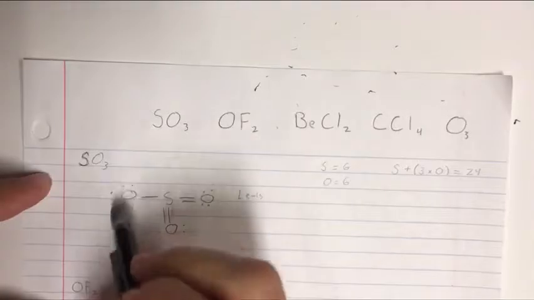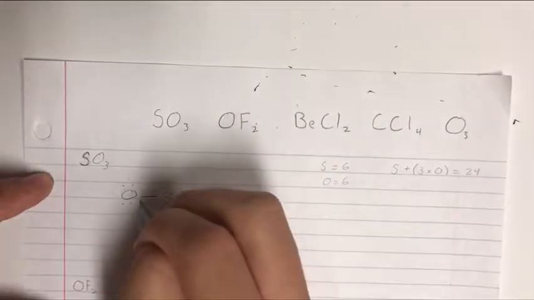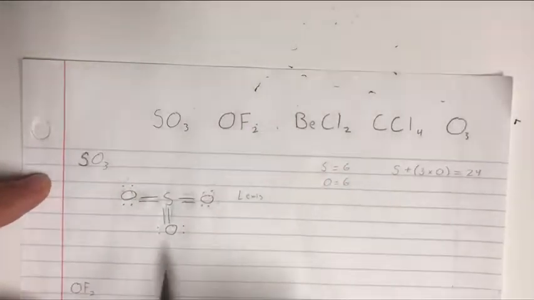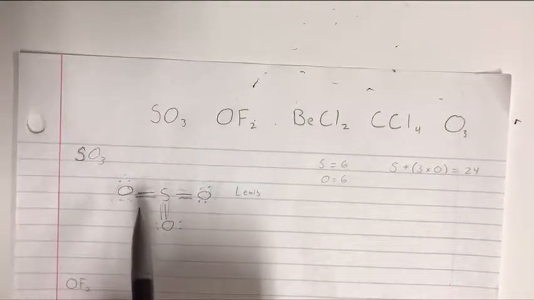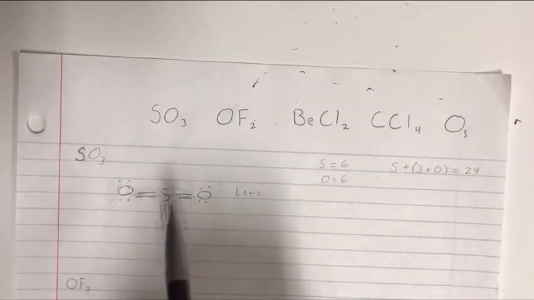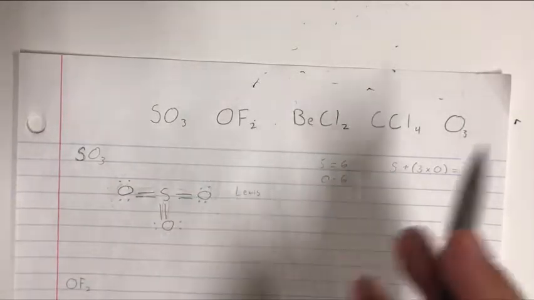Sulfur is on the 3rd row, so it can be an octet rule breaker. This is the correct Lewis structure because all of the formal charges are 0.